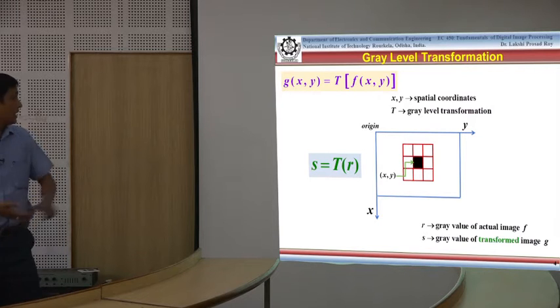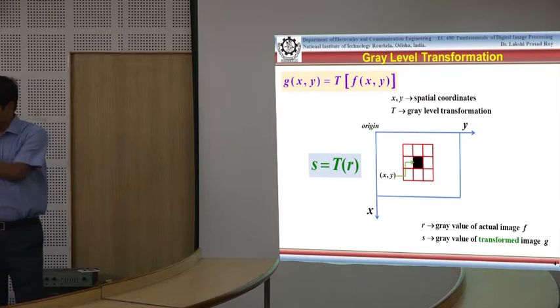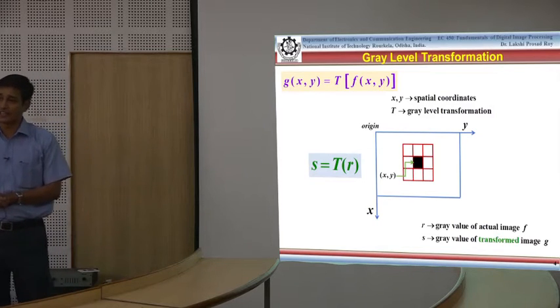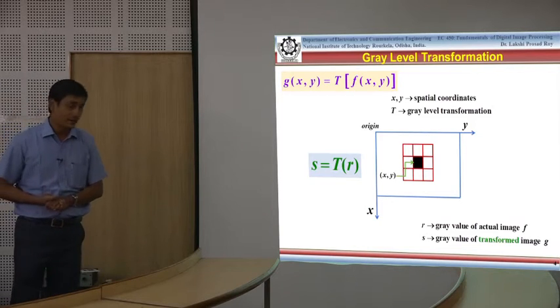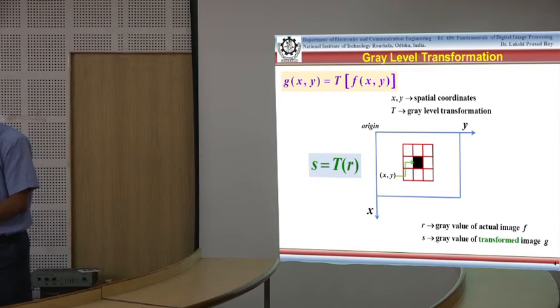Say after transformation, I have got the intensity value of that particular x,y coordinate. Which was earlier f(x,y), now it has changed to g(x,y) after some transformation capital T. Here I am basically talking about the intensity value, and the x,y coordinate is implied.